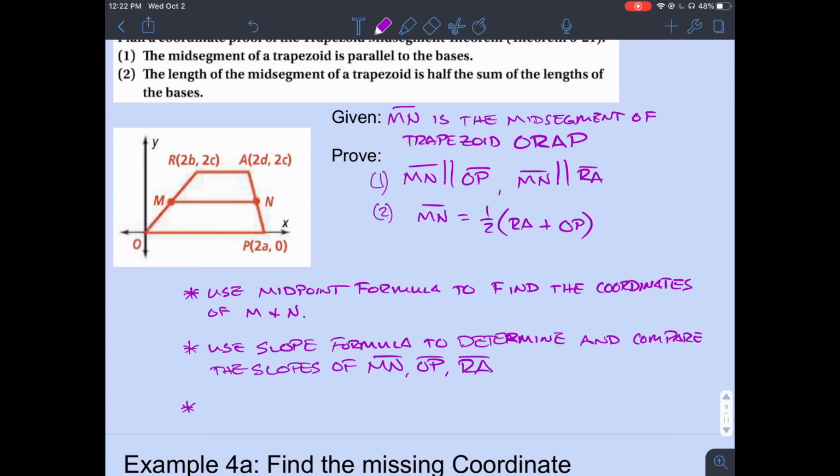And now the last step. Now we've got to prove that this is going to be half. The way we're going to do that is use the distance formula, because we're looking at the lengths of the lines.